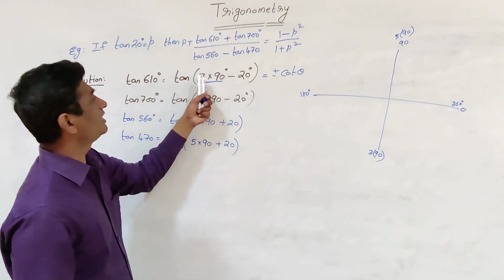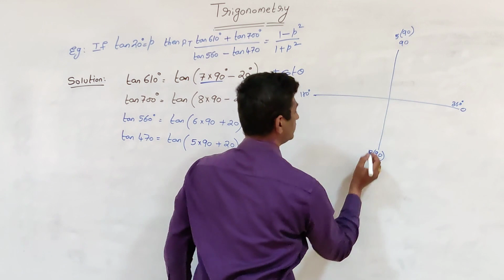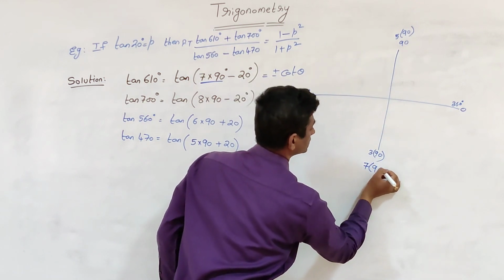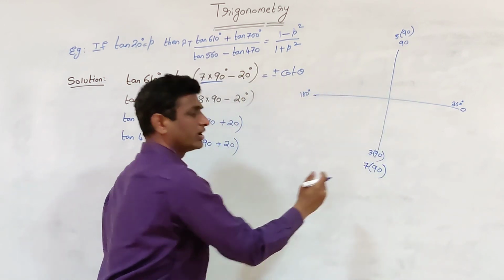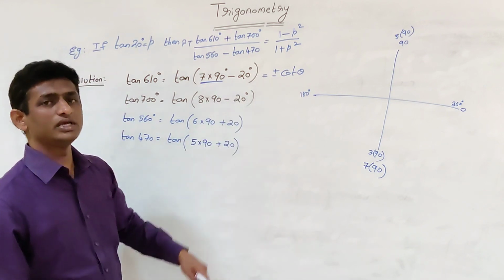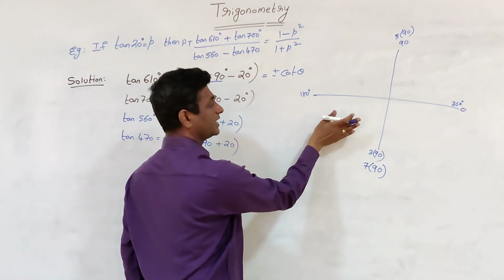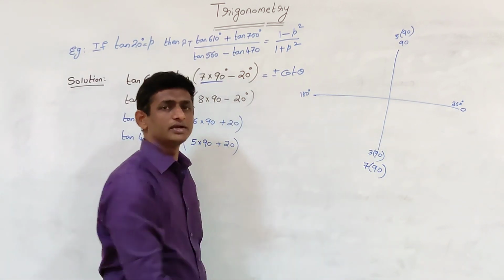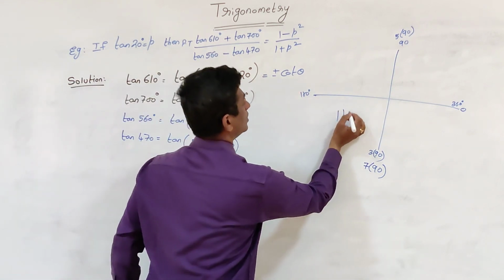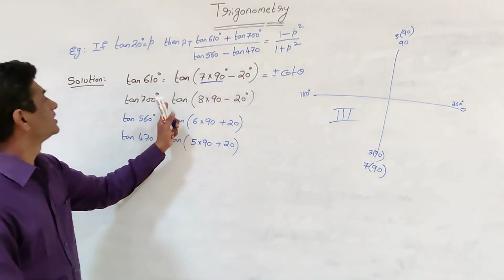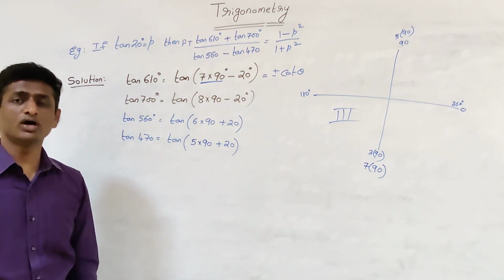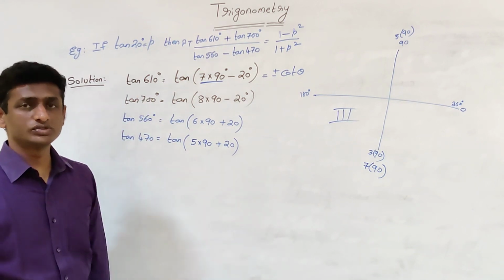Now, 7 into 90 is the negative y-axis. Minus 20 means it lies in the third quadrant. In the third quadrant, should tan be positive or negative? It should have a positive sign.